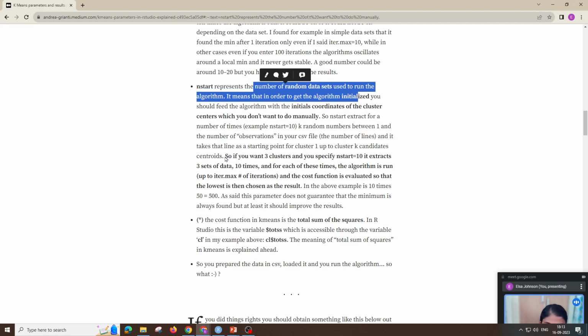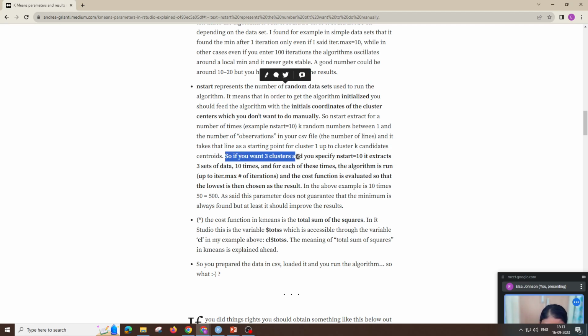So for example, if you want 3 clusters and you specify nstart equal to 10, then it extracts 3 sets of data 10 times. Your final result will have 3 clusters, but to get them, it first extracts 3 sets of data 10 times, and for each of these 10 times the algorithm is run for the maximum iterations given.